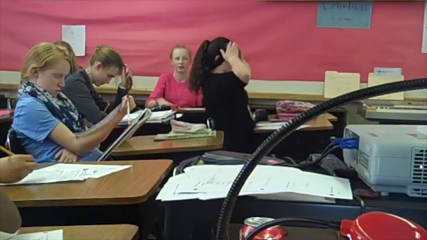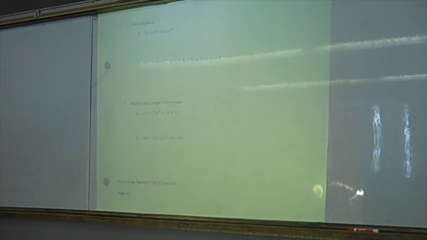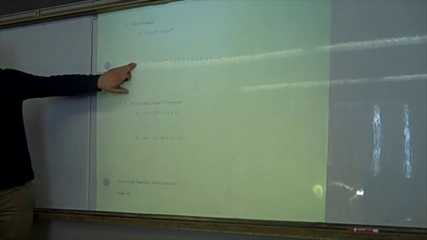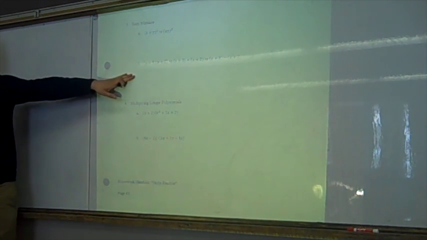We need to clarify now the difference between adding and subtracting, multiplying and dividing, because there are going to be some questions on this homework and on the test that look like this. Let's start with B, because I think that addresses exactly what Maddie is talking about.